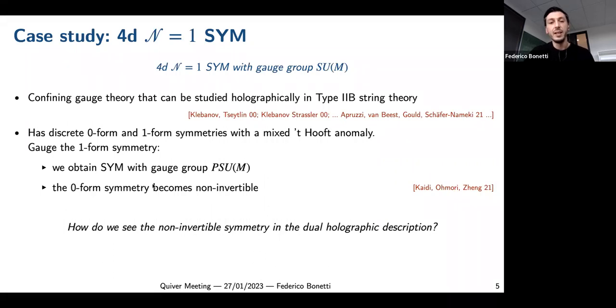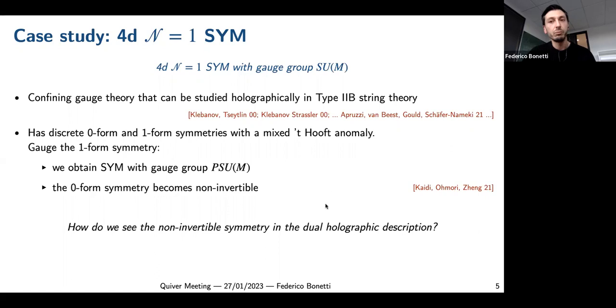On the other hand, we'll see that it turns the zero-form symmetry into a non-invertible one. Therefore, this is a concrete example of what we would like to study, and the question we will try to answer is, how does this emergence of the non-invertible look in the holographic description, in the stringy picture?